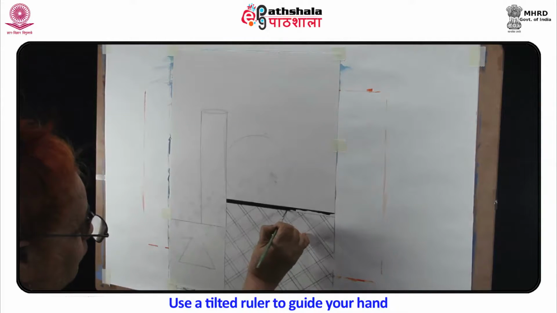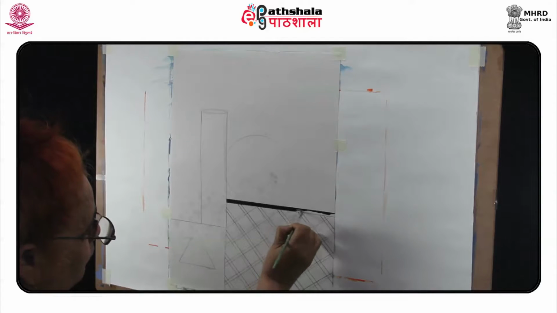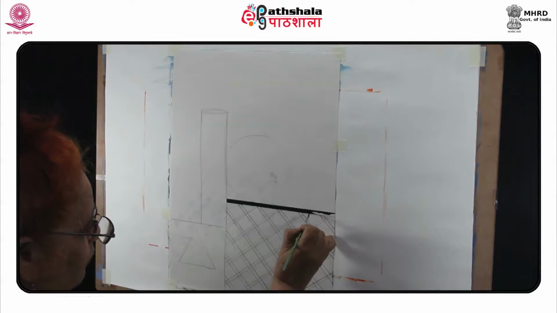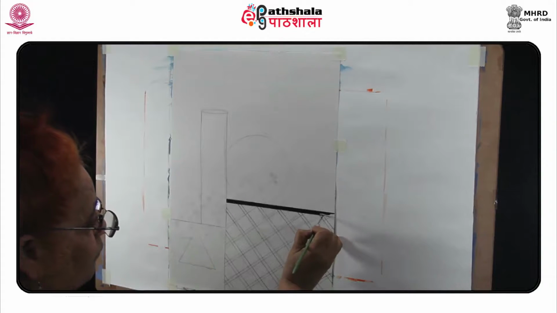Use a ruler to guide your hand. When using the ruler, you want to avoid using it flat, like when you are drawing a line with a pencil, because the paint can smudge.